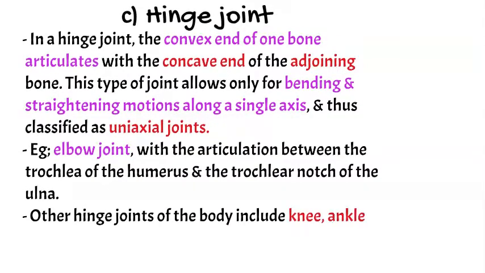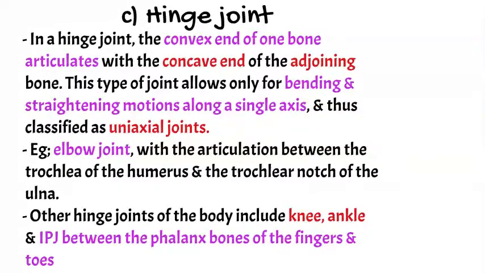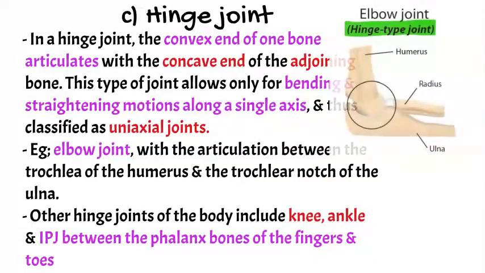Example, the elbow joint, with the articulation between the trochlea of the humerus and the trochlear notch of the ulna. Other hinge joints of the body include the knee, ankle, and interphalangeal joints between the phalanx bones of the fingers and toes. This picture shows the elbow joint as a hinge type joint.